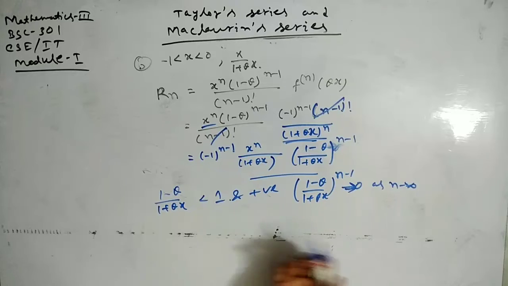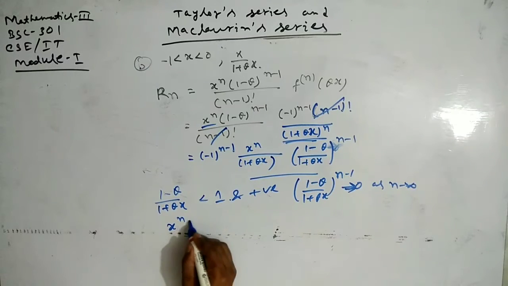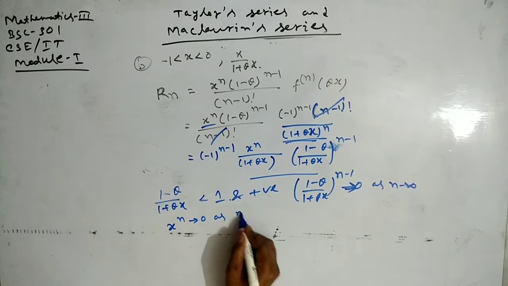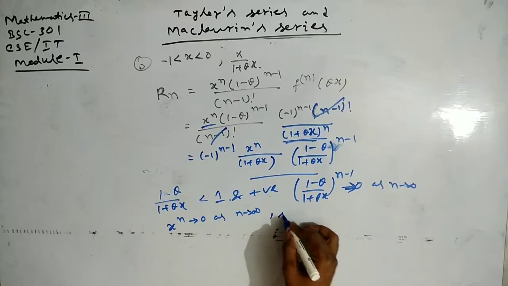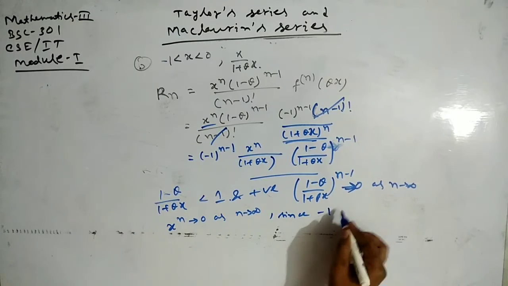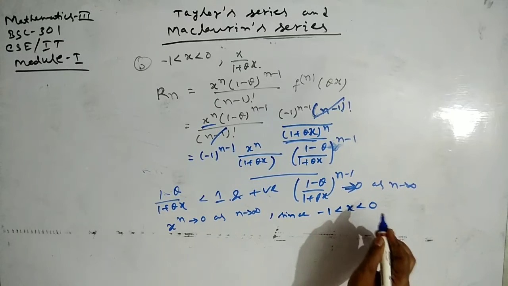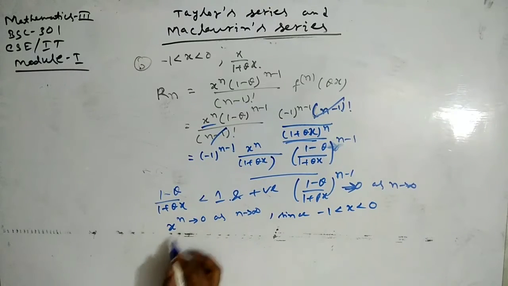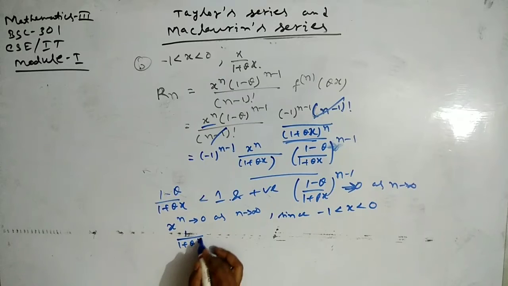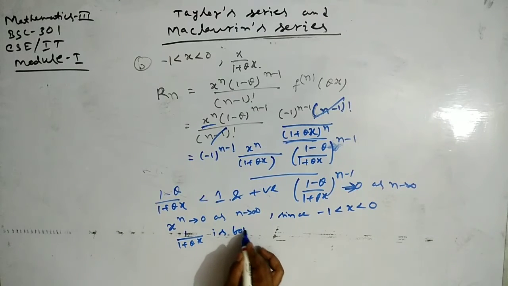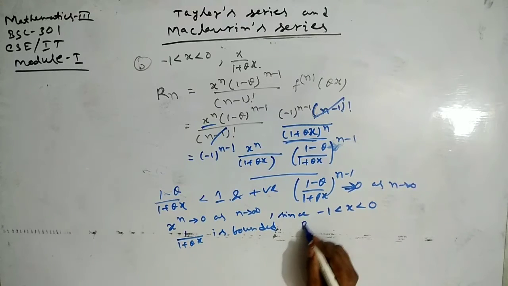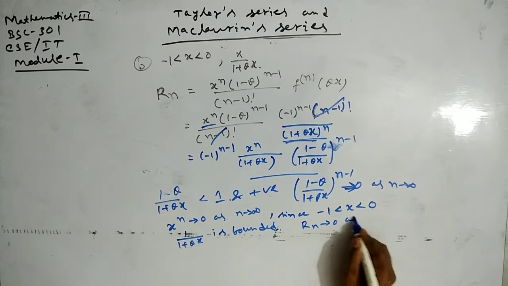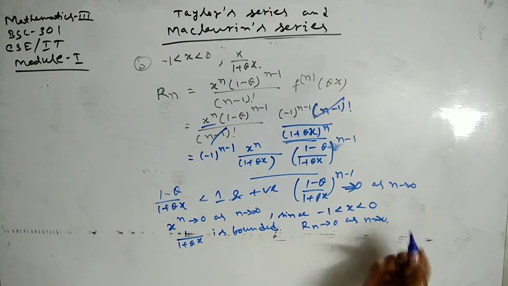Also we can say that x to the power n tends to 0 as n tends to infinity, since x lies between minus 1 and 0. So 1 by 1 plus theta x is bounded, and hence we can say that Rn tends to 0 as n tends to infinity.